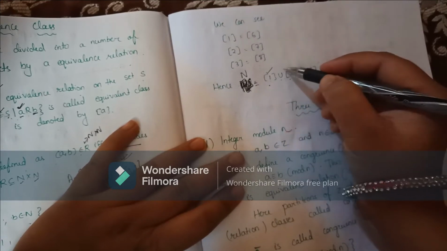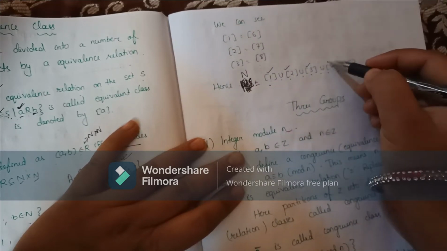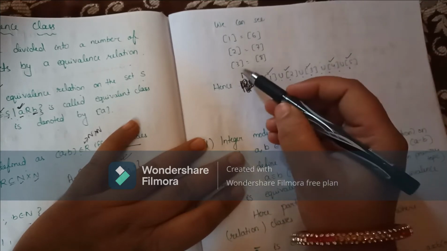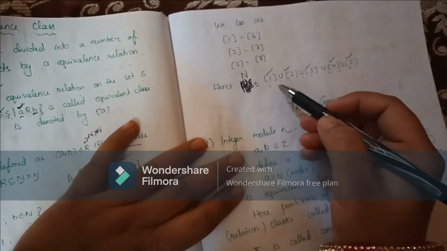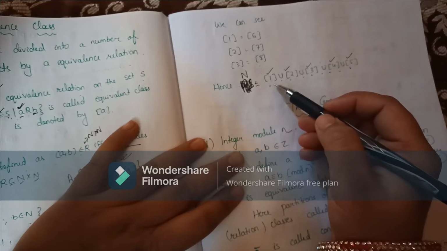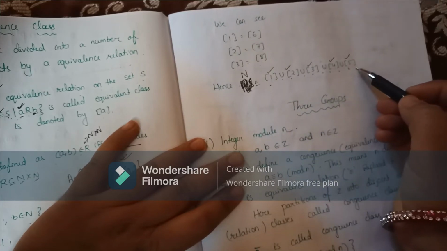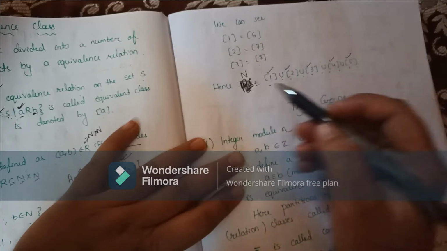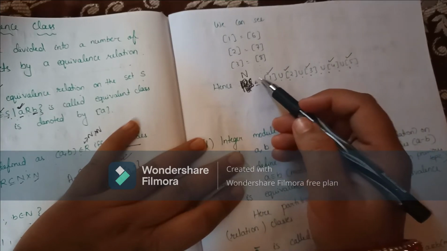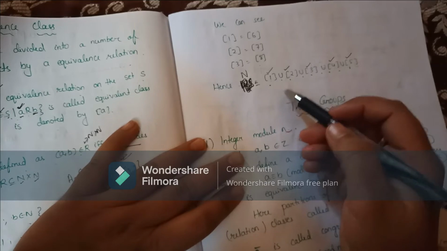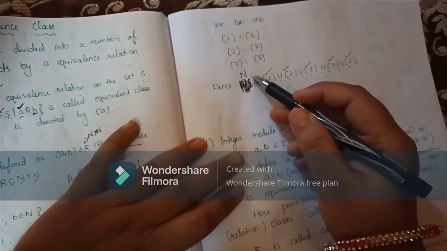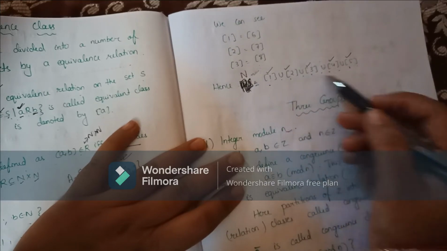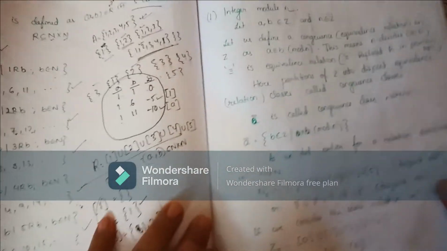Now these classes are all disjoint, right? So we have represented the set n as the union of 5 disjoint equivalence classes, right? Or it also means that we have partitioned n into 5 parts.